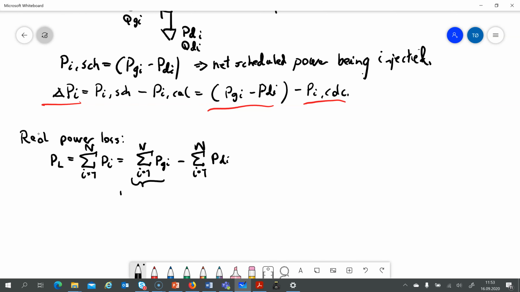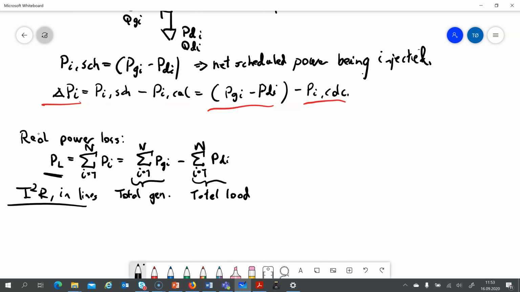This is the total generation. This is the total load. So intuitively, the difference between the total generation and total load will give the real power losses, or what you call the I squared R losses in lines. And also, of course, you can have one for the reactive power if that's of interest, in lines, and of course in transformers.